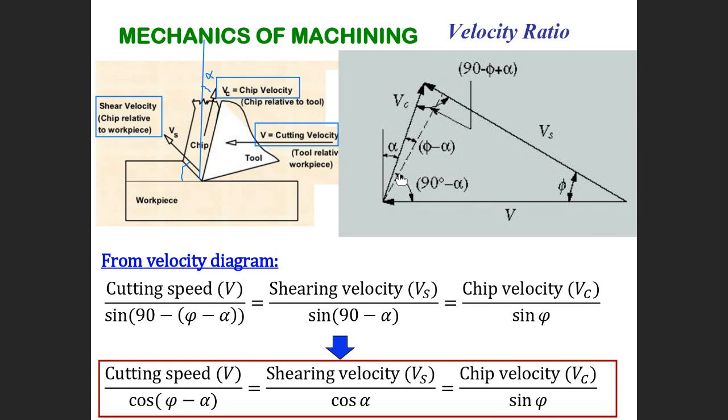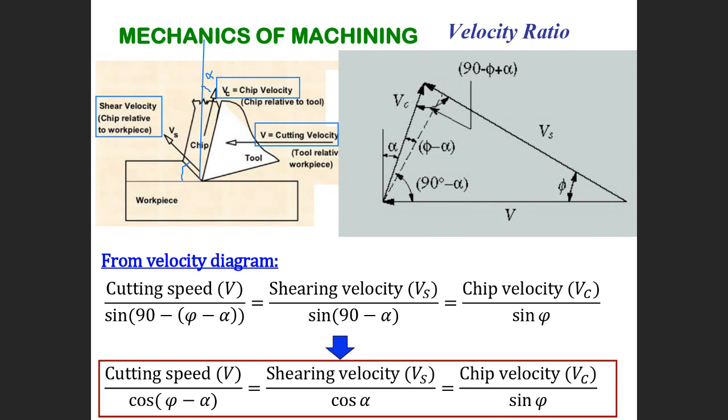Since the vertical is 90 degrees, this angle is 90 minus alpha. So this is phi, and this is 90 minus alpha. What is the third angle? It is 180, because the sum of the angles in a triangle is 180, minus phi minus (90 minus alpha).